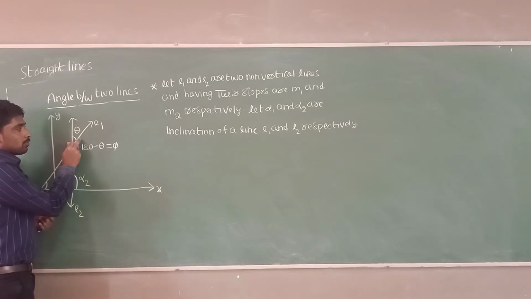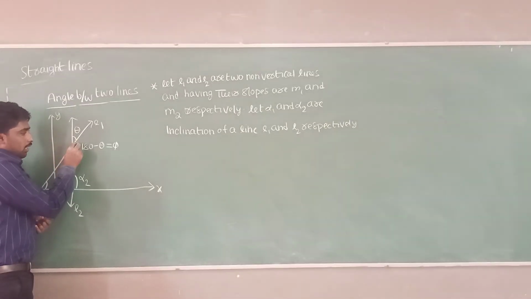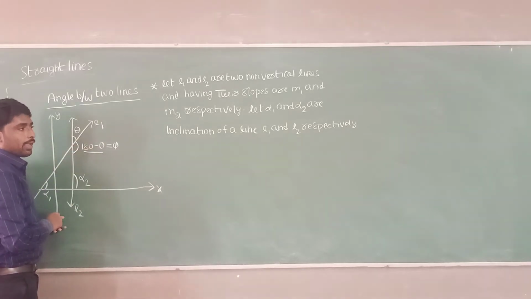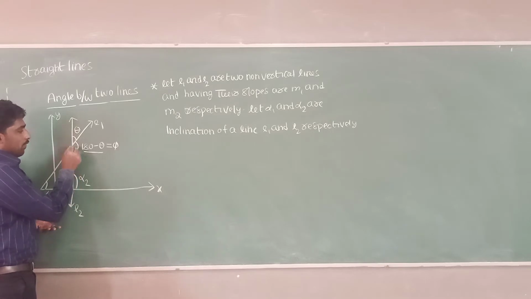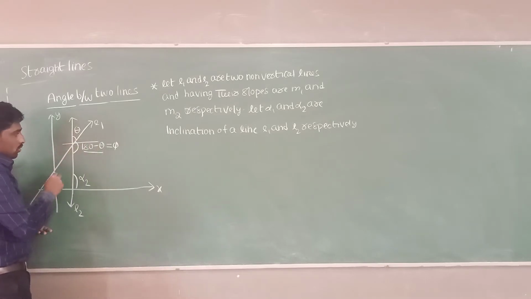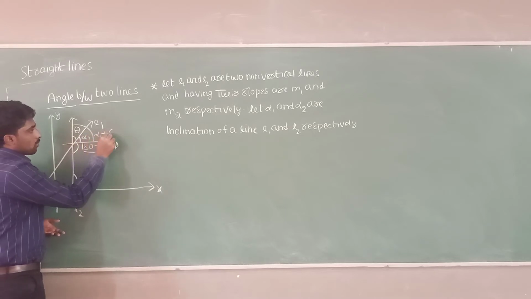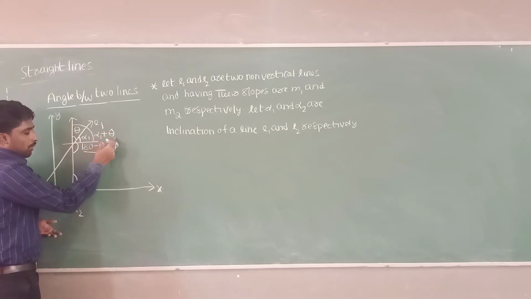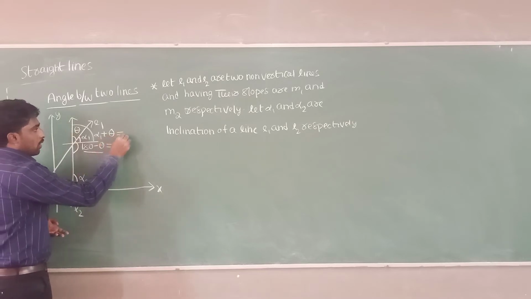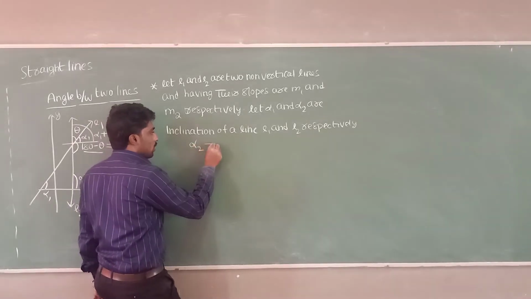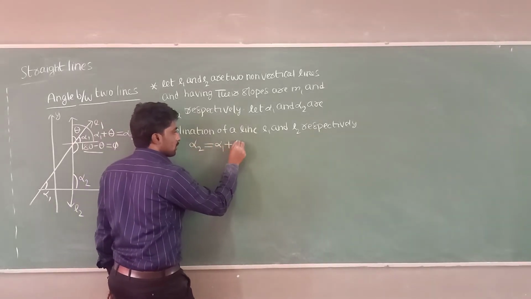If this angle is theta, the other angle becomes 180 minus theta, which I am calling pi. Taking the reference here, this angle is alpha 1 and this angle is theta, so the total angle is alpha 1 plus theta, and this equals alpha 2. So alpha 2 equals alpha 1 plus theta.